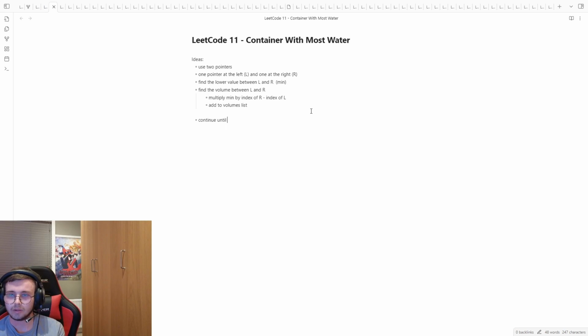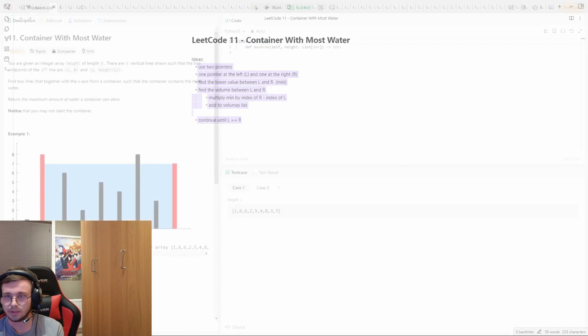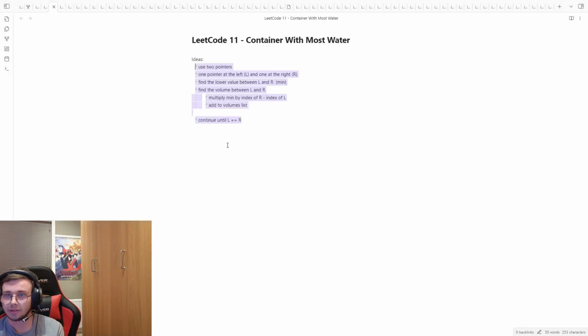Continue until L is equal to R. So yeah, we want to stop when the pointers almost overlap. That's how I think we're going to know we're done. So using this idea, we'll try to put it into practice. Oh, actually, one last thing.